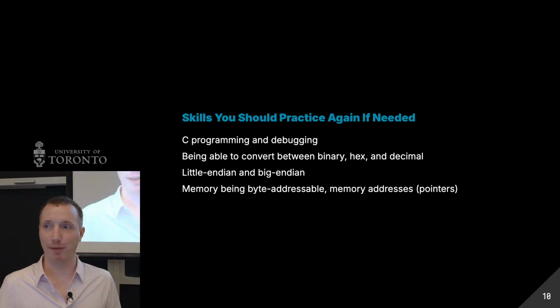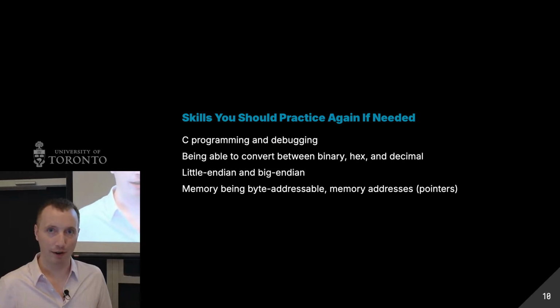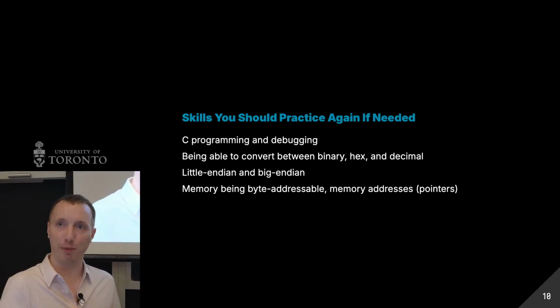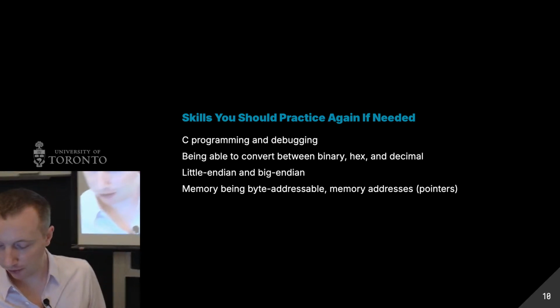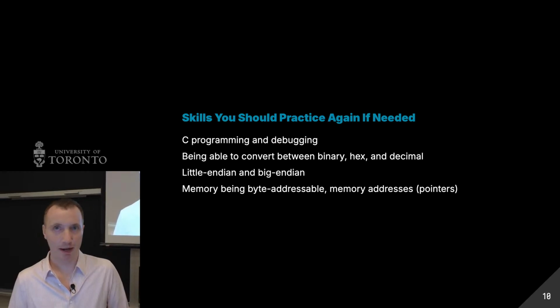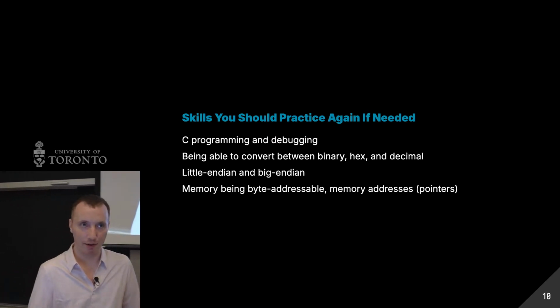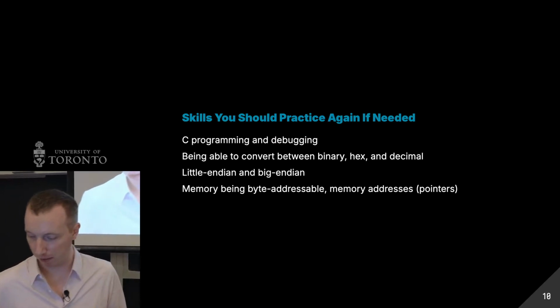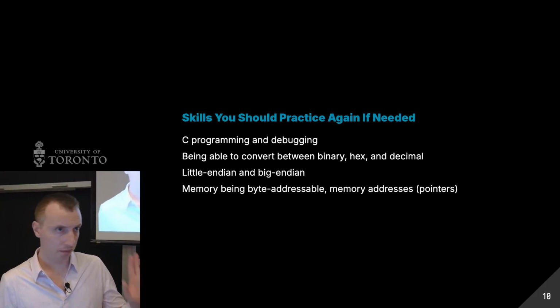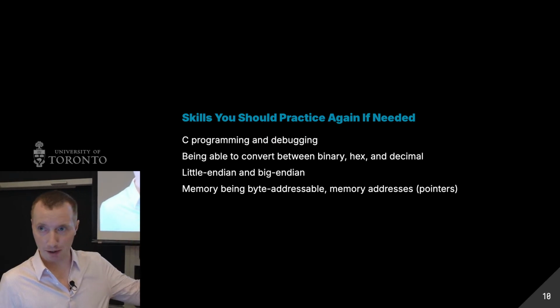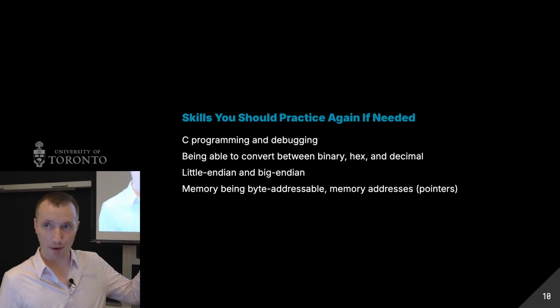Addresses are basically numbers, so there's address 0, address 1, 2. Sometimes we represent them in hex. But other than that, memory and pointers are just addresses. It's just where a byte is in memory. That usually trips people up, but just remember: memory is byte addressable, and every different number is a different byte.